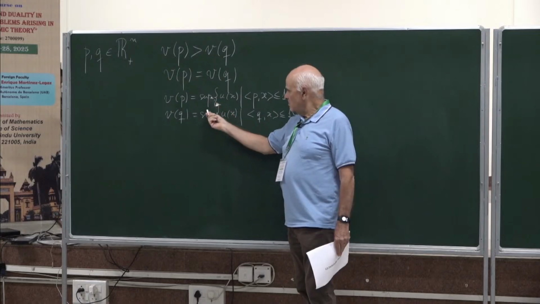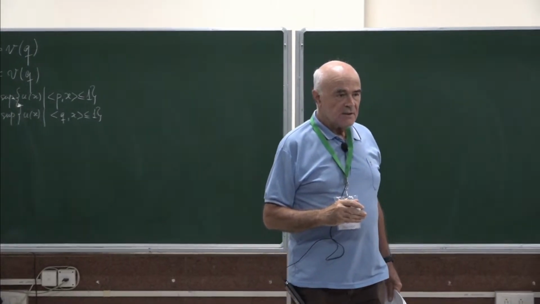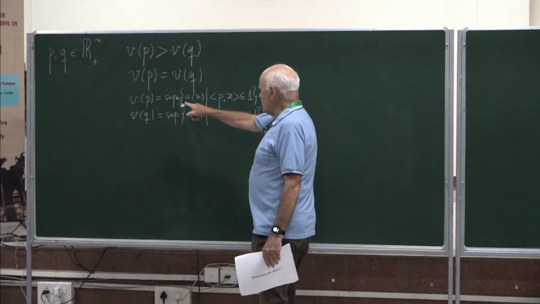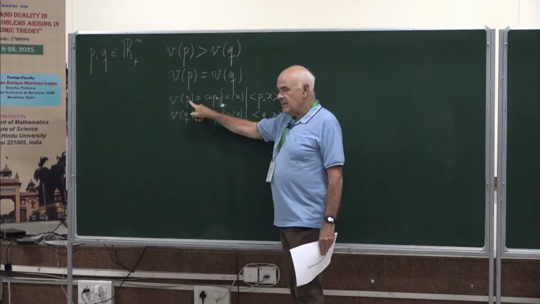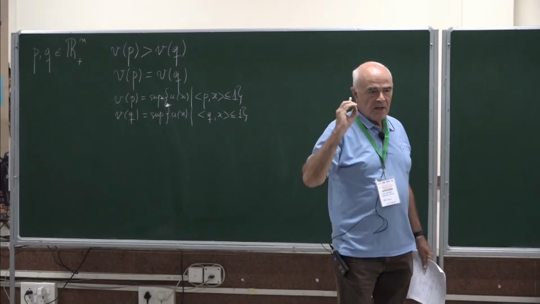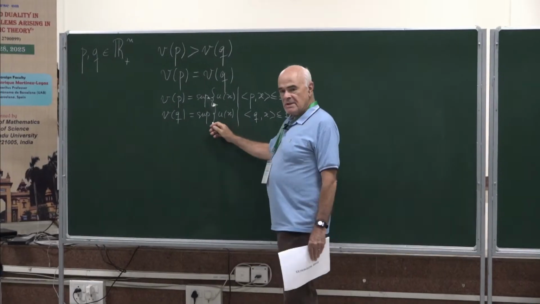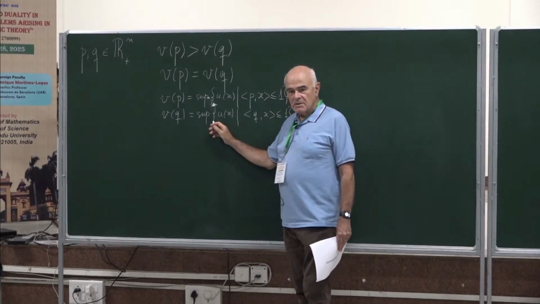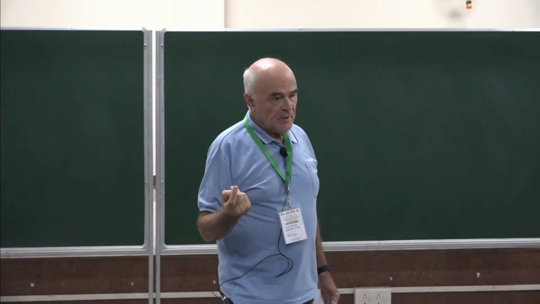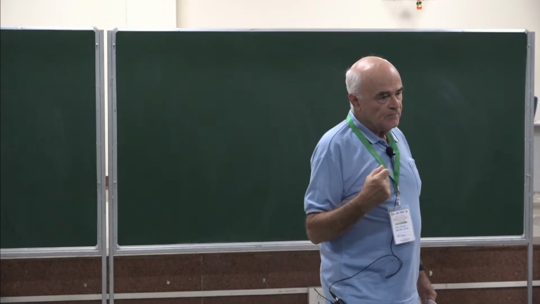The suprema are the same, but one of them is attained and the other is not. This means if the one which is attained is the first one, I can obtain the utility V of P by choosing the maximizer. But if the supremum here is not attained, then I cannot. I can go as close to V of Q as I want, but I cannot get V of Q. So then I should prefer P to Q, not be indifferent.